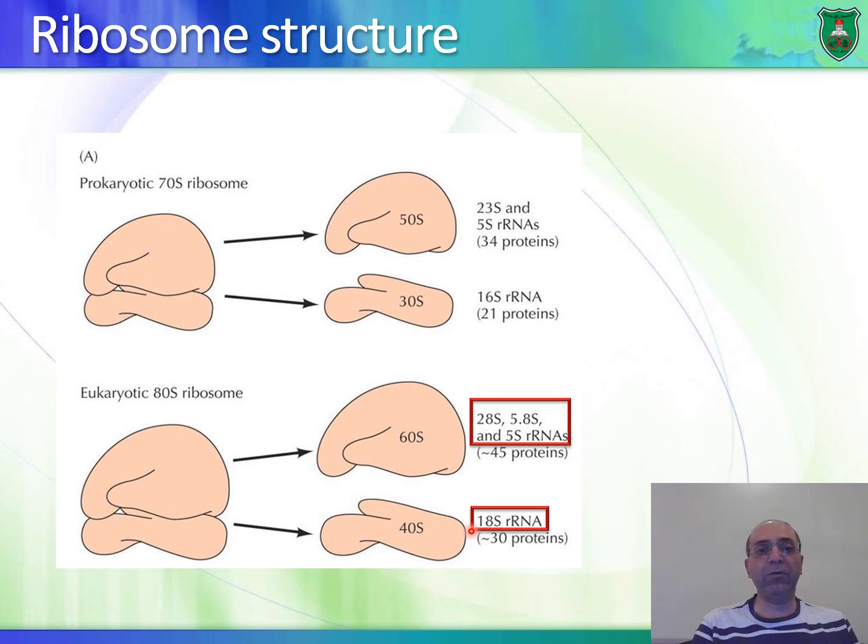Now, someone would say, well, wait a second. Look here. The size or the weight of the ribosome in eukaryotic cells is 80S, whereas for prokaryotic cells it is 70S. So why is it that it is not 100S? Because that's right, the sum of 60 and 40. Well, the reason is that the unit of Svedberg does not depend on really actual weight.